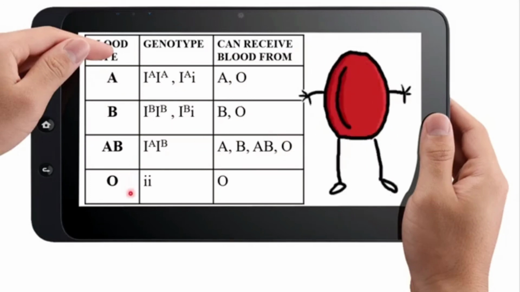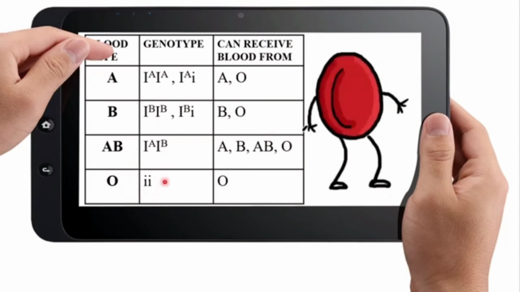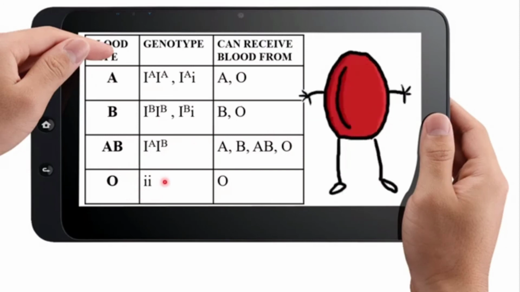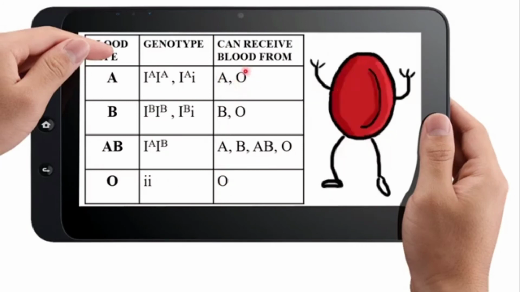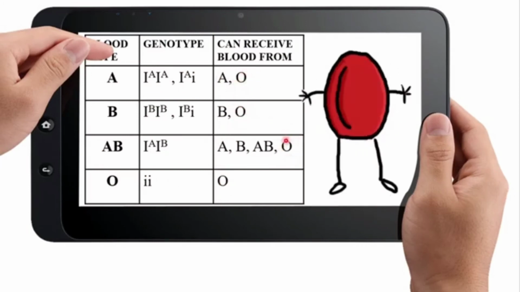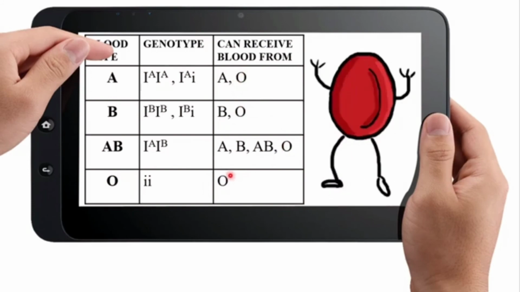Blood type O has a genotype of ii, because it has no antigen. It can receive blood from blood type O only. And as you can see, blood type O can donate blood to any blood type because it is considered the universal donor.